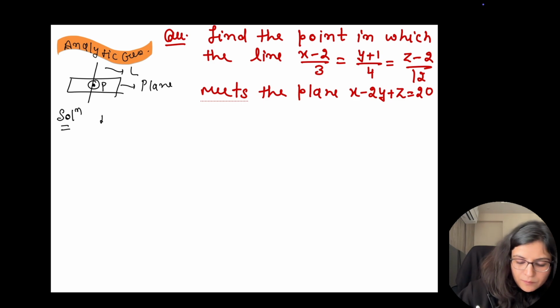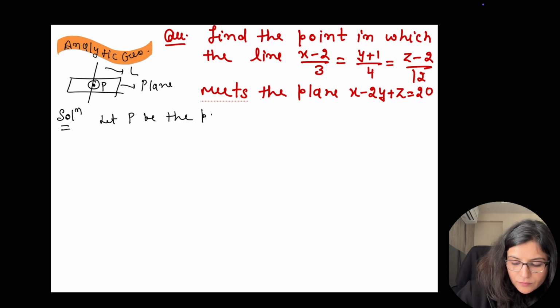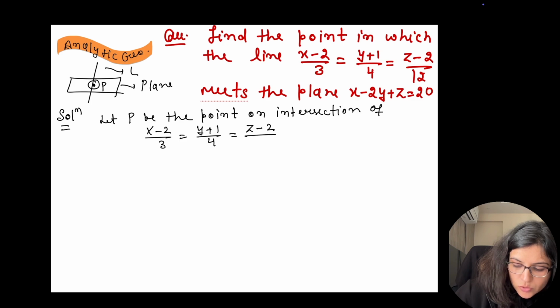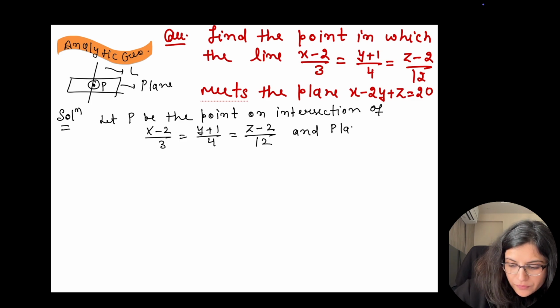So let P be the point of intersection of (x - 2)/3, this is the symmetric form of the line, (y + 1)/4 is equal to (z - 2)/12, and the plane x - 2y + z is equal to 20.